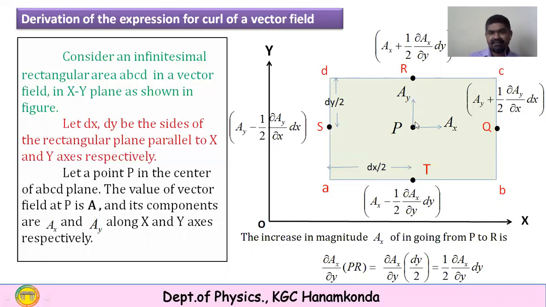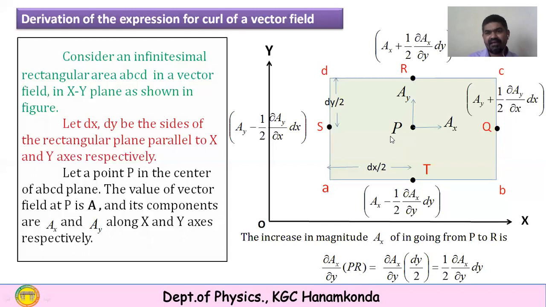Here I am speaking about the Ax component from P to R. When going from P to R in this vector field, the increase in magnitude of Ax is with respect to dy.